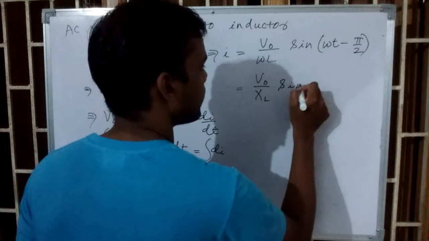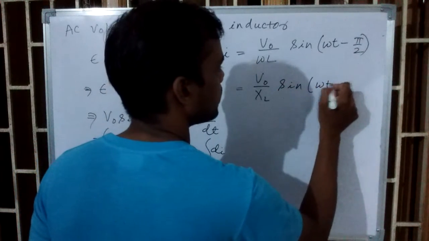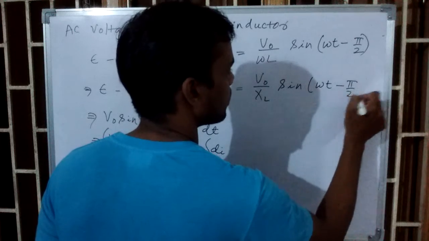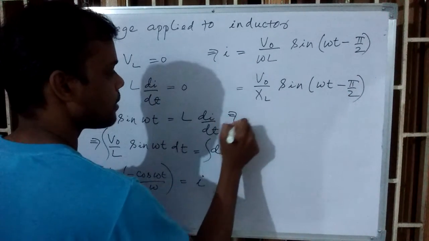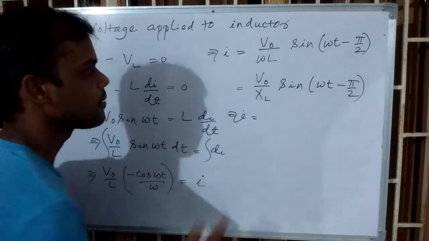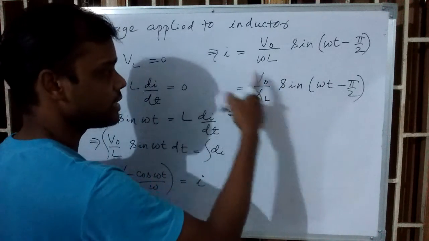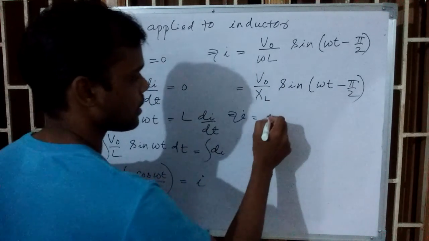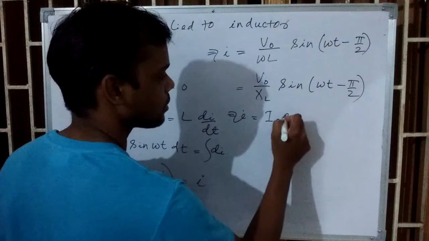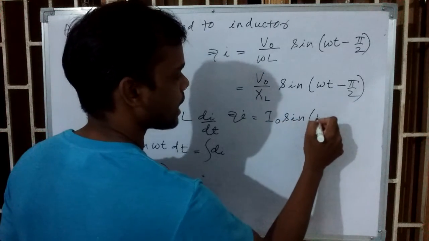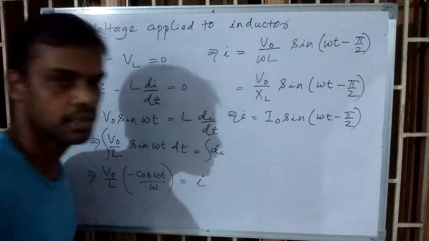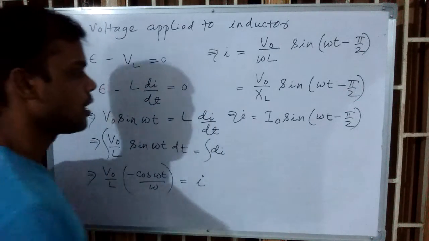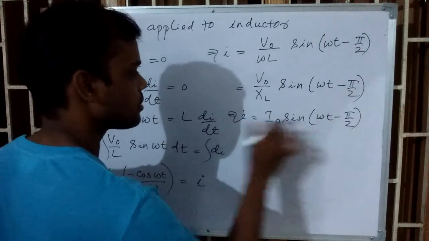So I is equal to V naught by XL times sin omega t minus pi by 2. Since this is I, it must be I naught sin omega t minus pi by 2. Now this is the final expression.